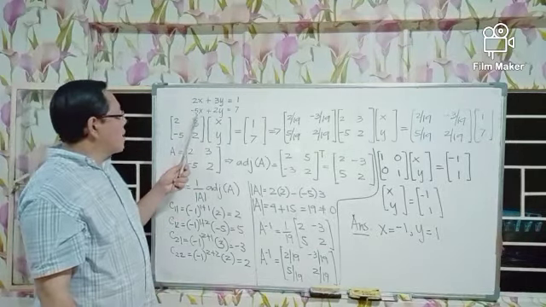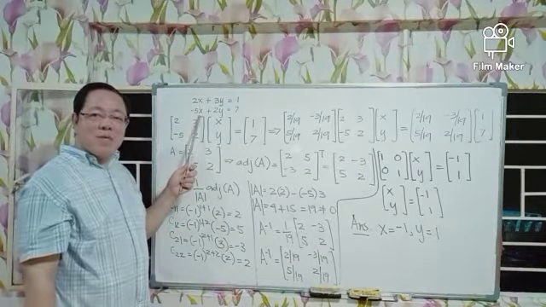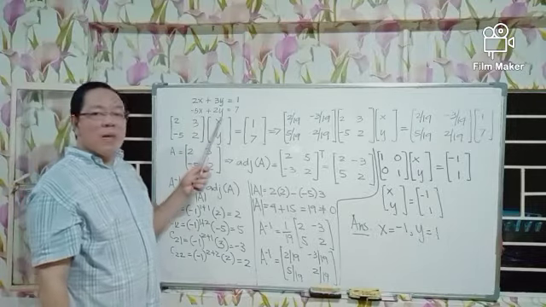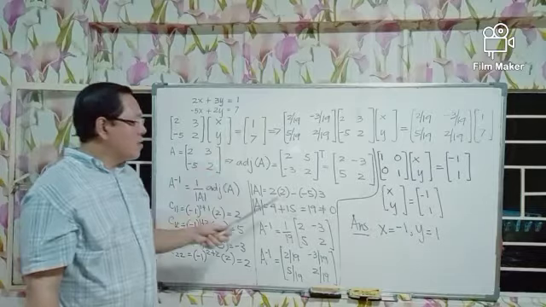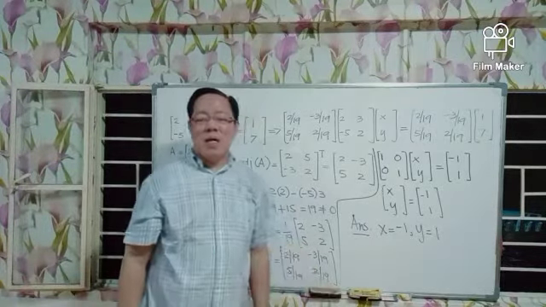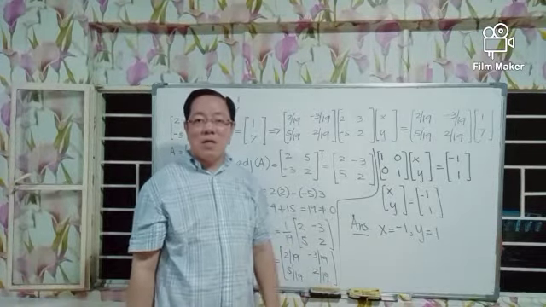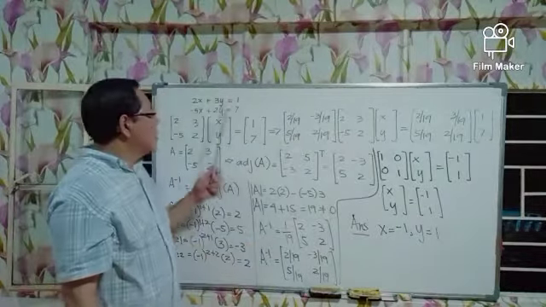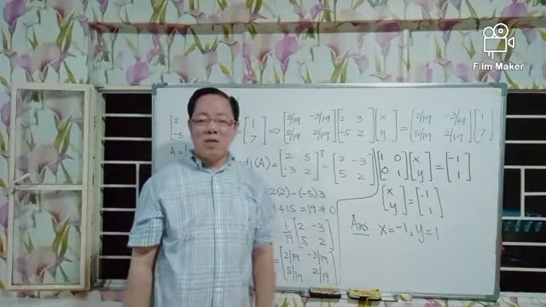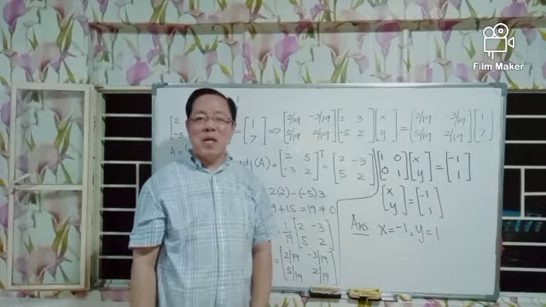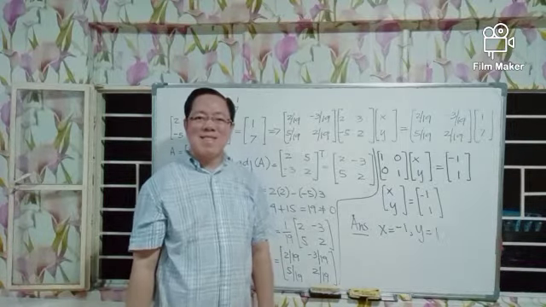Minus 5 multiplied by negative 1 is positive 5, plus 2 multiplied by 1 is 2. We get 5 plus 2 equals 7. Therefore, these values of x and y are correct and they are the solution of this system of linear equations in two variables solved by using inverse matrix.